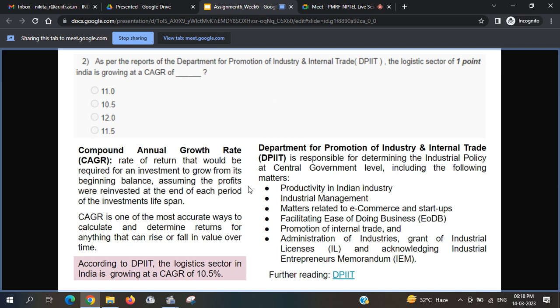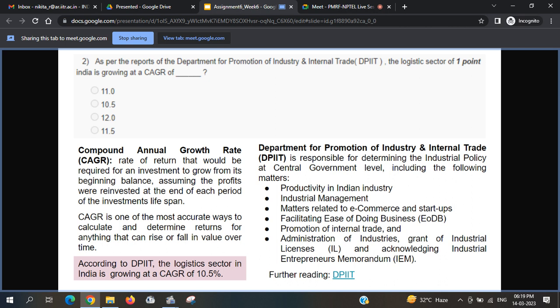According to one of DPIIT's reports, the DPIIT mentioned the CAGR of the logistics sector in India. So what is a CAGR? CAGR is basically the compound annual growth rate. This is the rate of return that would be required for any investment to grow from its beginning balance, assuming that the profits of that investment are reinvested at the end of each period of the investment's total lifespan.